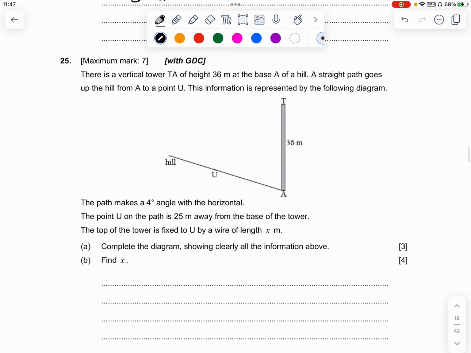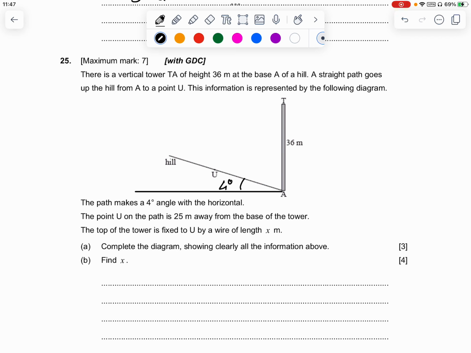Question number 25. There is a vertical tower TA of height 36 meters at the base A of a hill. The straight path goes up the hill from A to a point U. This information is represented by the following diagram. The path makes a 4 degrees angle with the horizontal. So this is 4 degrees.